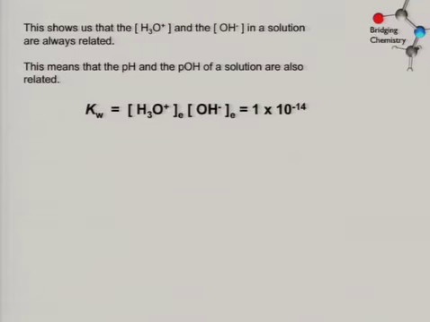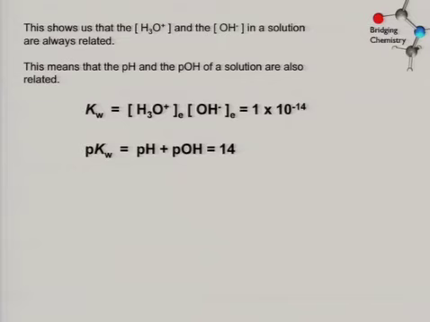We can equally write this, that the pKw, the negative log of the Kw, is just going to be the negative log of the concentration of H3O plus, the negative log of the concentration of the OH minus, and that's just the pH plus the pOH.